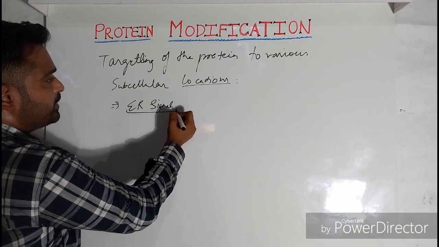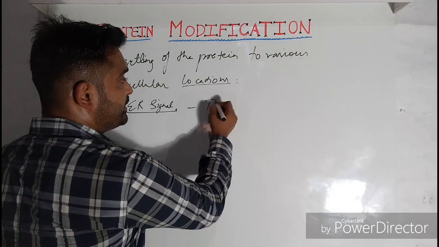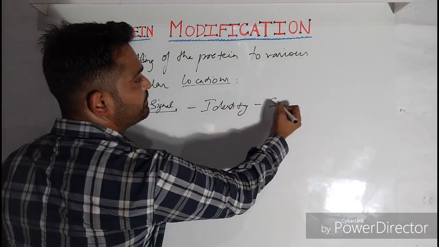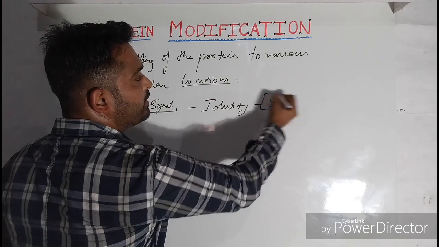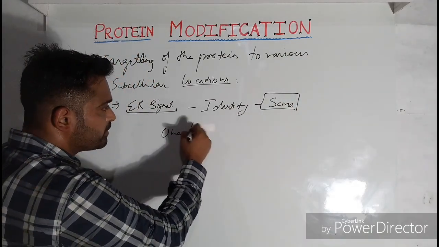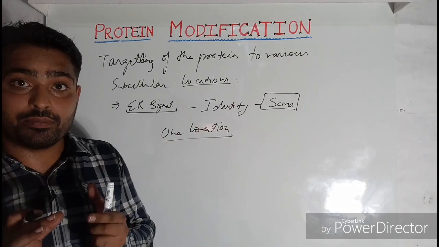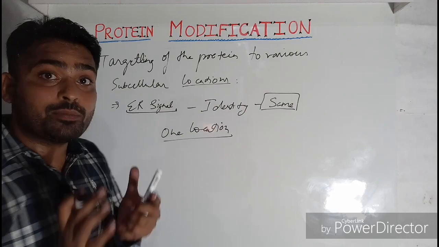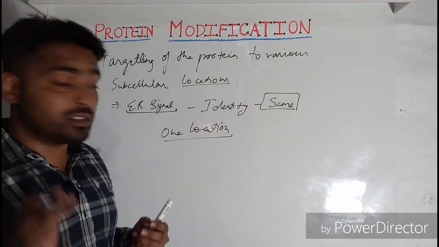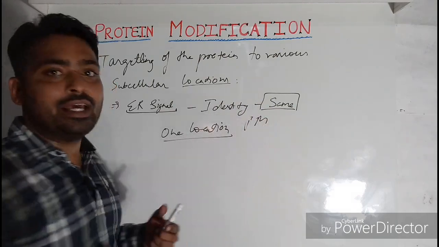They do not know their identity. They are all the same, but they are not for one location. We have to send them to many different destinations or subcellular locations, which are the cellular organelles or the PM or the extracellular matrix.